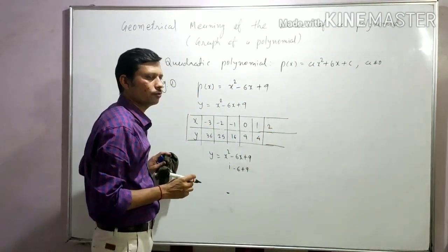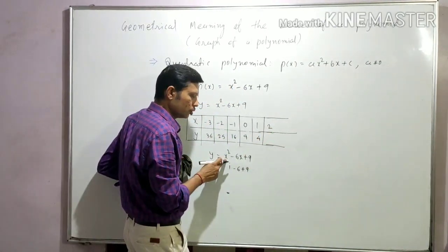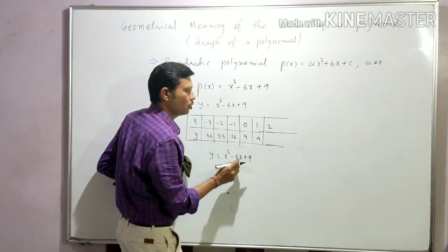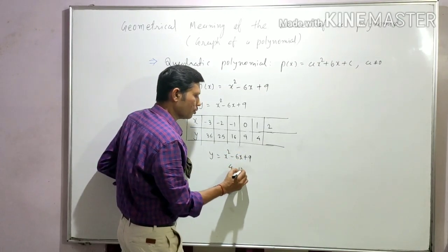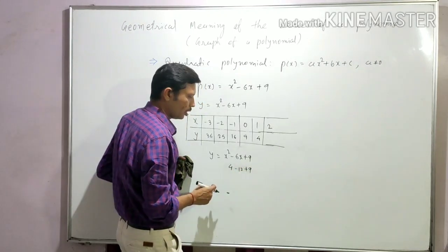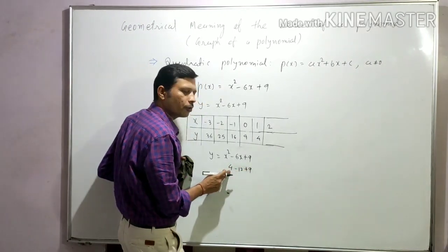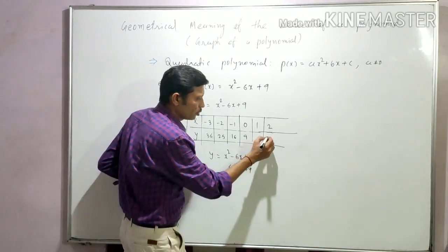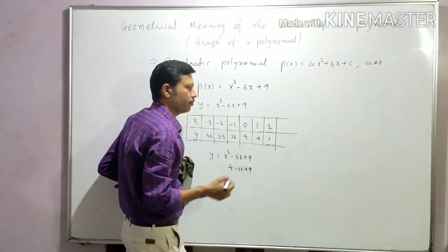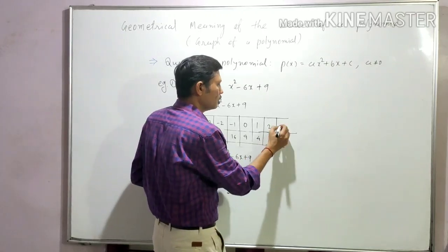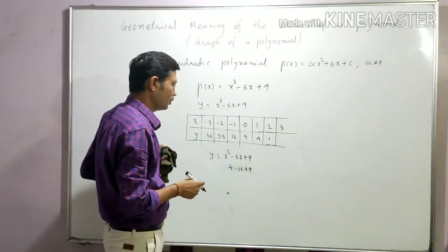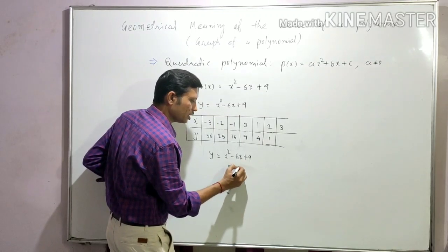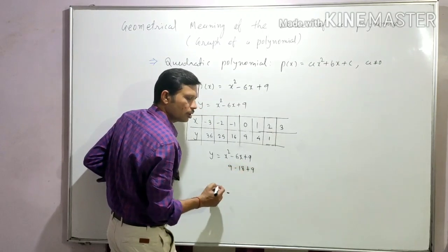Suppose I am taking 2. When I take 2 here, 2 the square is 4, and 6 2s are 12, minus 12 and plus 9. As we understand, 9 plus 4 is 13, and minus 12, so it becomes 1. Further, suppose I am taking 3 also. So 3 the square, 9, minus 6 3s are 18, and plus 9.